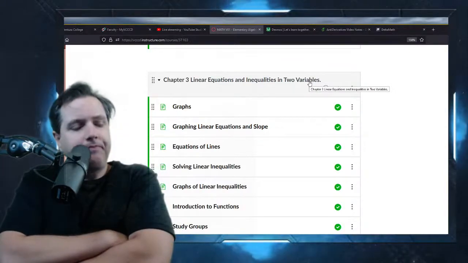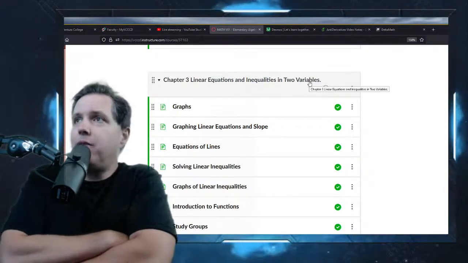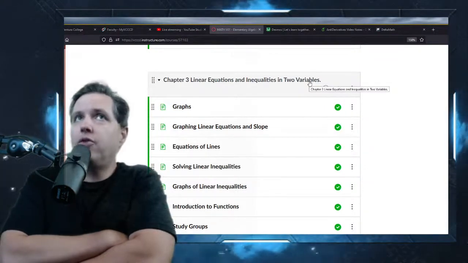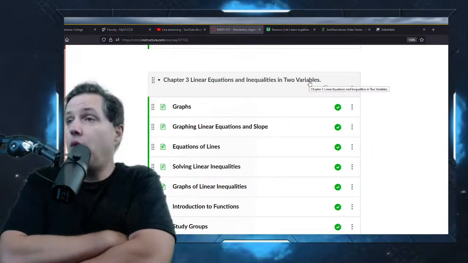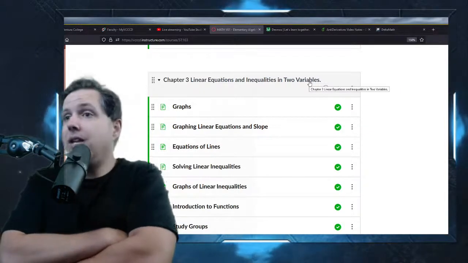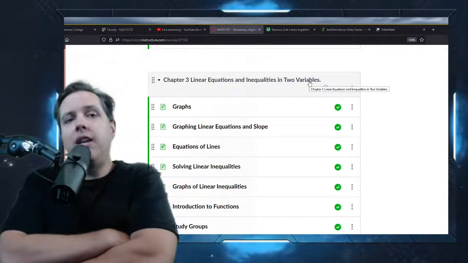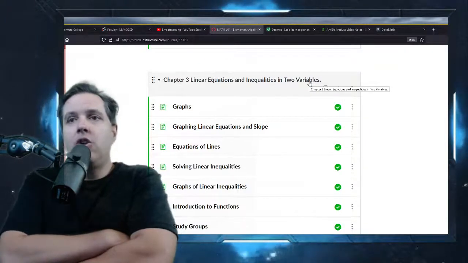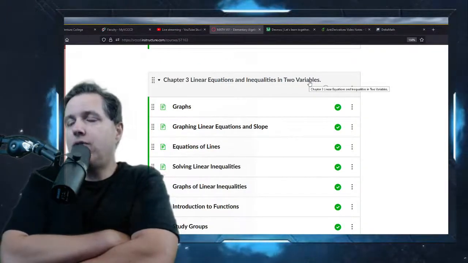So this is a little bit different, but we're going to be using the same basic tools that we used before for linear equations in one variable, but we will be expanding on those. Remember when we did linear equations in one variable, those were equations like 2x plus 1 equals 5.